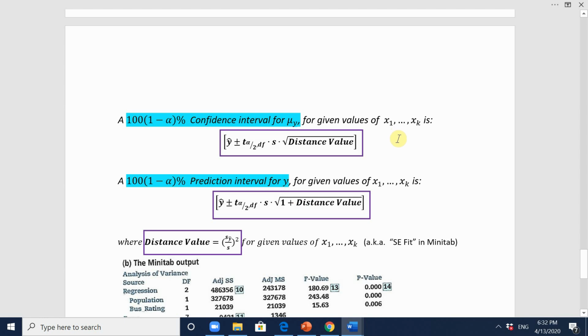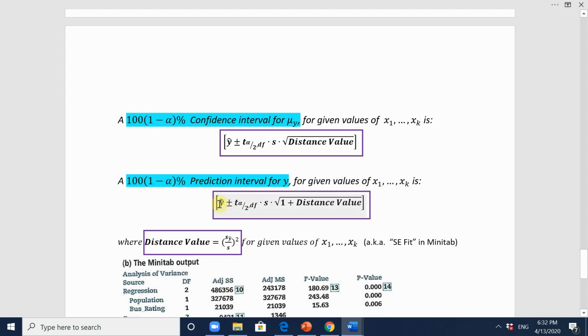Okay, and so again, for a prediction interval for an individual value of y this time, we say that the prediction interval for an individual value of y for a given set of x1 to xk values is based again on this y hat.